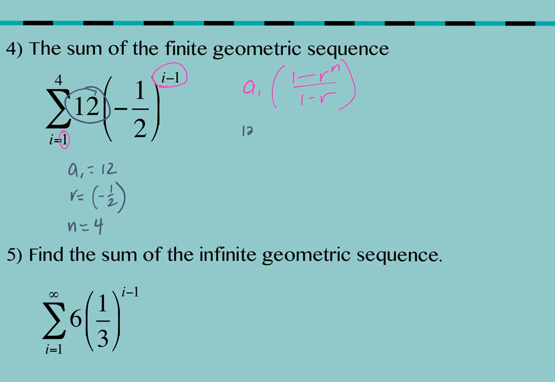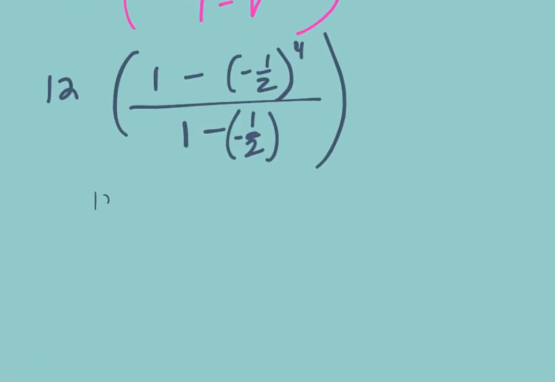So I get a1, which is 12, times 1 minus a negative 1/2 raised to the 4th over 1 minus a negative 1/2. So this becomes 12 times 1 minus... I have to raise this to the 4th power and then take the negative on the front here. So be careful. So this is minus, and then 1 times 1 times 1 times 1 is obviously 1.